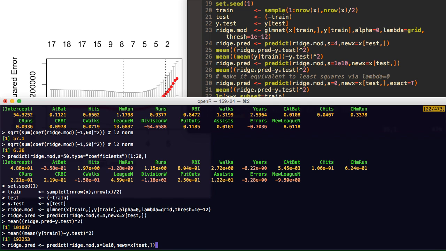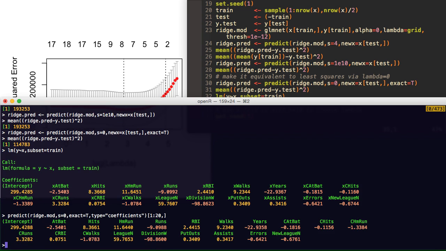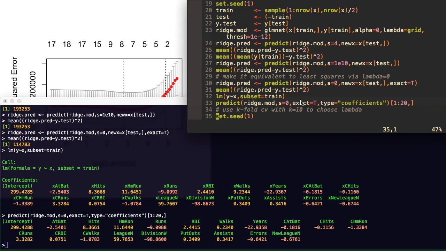The textbook says it's not that big of a difference, but it's the difference between 101,000 and 114,000 for the MSE. Remember, we want to minimize the mean squared error, and the mean squared error is smaller for ridge regression than it is for lambda equals 0. Lambda equals 0 is the same thing as least squares.